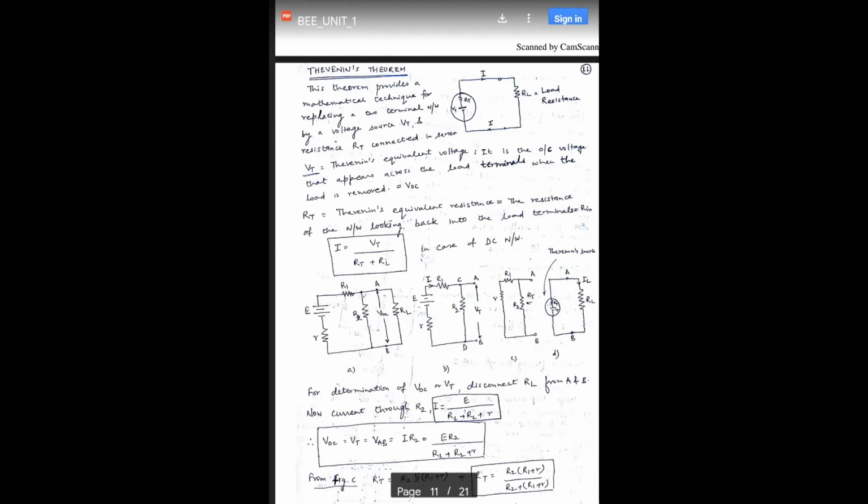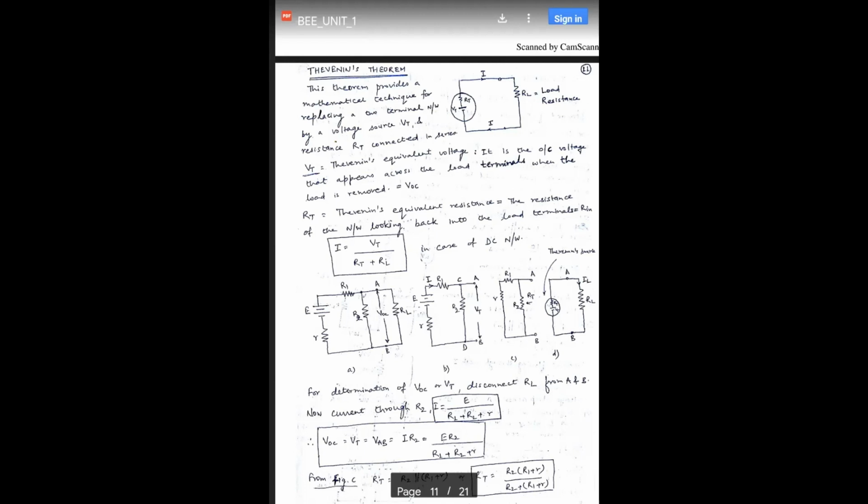Some load is given, and this calculated Thevenin resistance is in series with the battery source, so that Ohm's law is easily applicable.